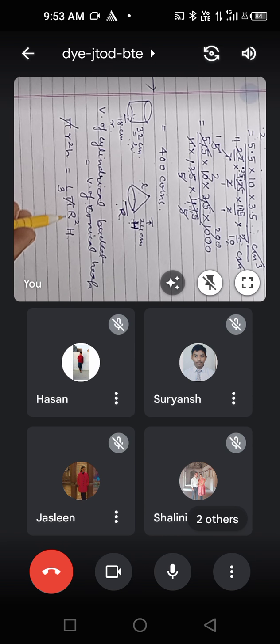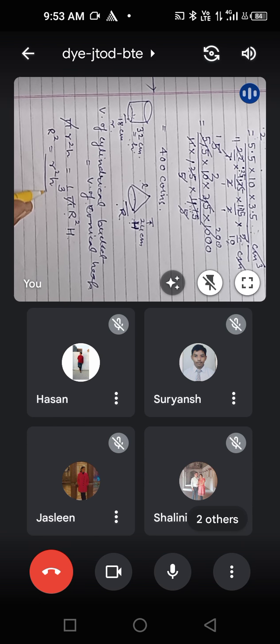Okay. So you are asked to find out the radius, since the height is given. So capital R square is equal to small r square into h upon H, and this will be cross multiplied, so 3 will be in the numerator and capital H will be in the denominator. Simple cross multiplication has been done.